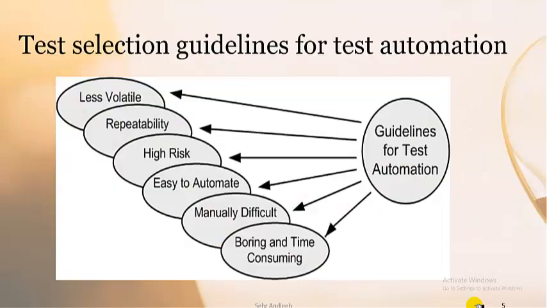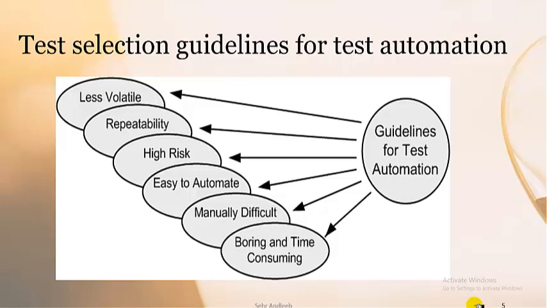Now we have test selection guidelines for test automation. Among the variety of test cases, there could be a lot of test cases that could be run manually and that could be run automatically. So which test cases should be run manually, and for automation, which test cases should be selected? Basically it's a guideline for test automation on which test cases should be selected for automation.